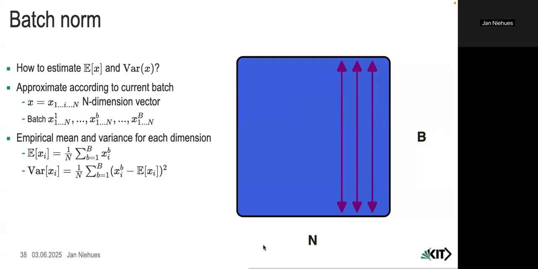Yes? So this happens after the original calculation of the x? Yeah, you first calculate x, and then you calculate the expectation and the variance, then you can normalize, and then you can continue. That's a good point.